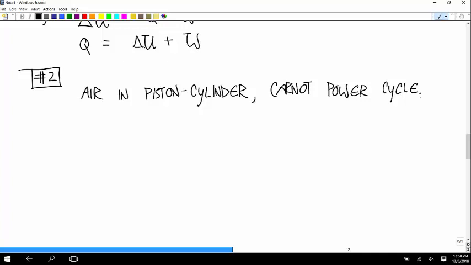There are 4 stages in the Carnot power cycle, and 2 of those are isothermal. So the isothermal expansion is at 1400 Kelvin.